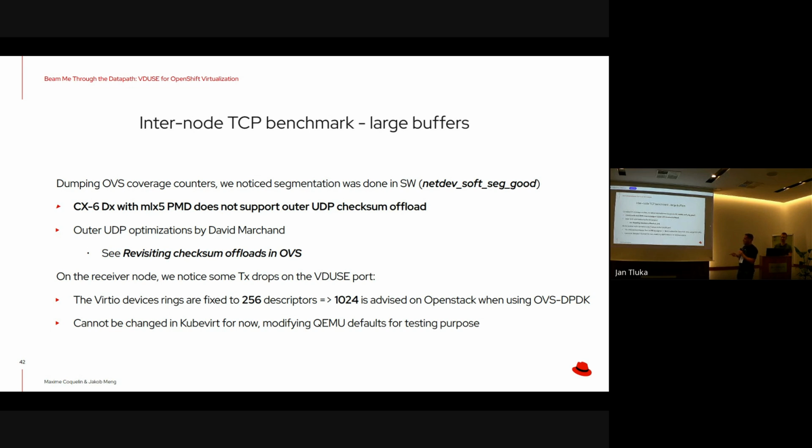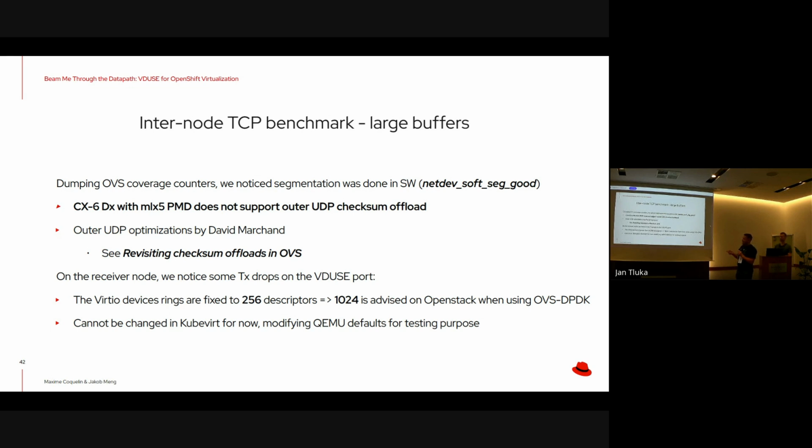Another issue that we noticed is that we saw quite some TX drops on the VDUSE port, on the host side. We saw that the devices were only using 256 descriptors. Usually when we use OVS DPDK, we use 1K descriptors. That's what is suggested to our customers. So we tried to change that.